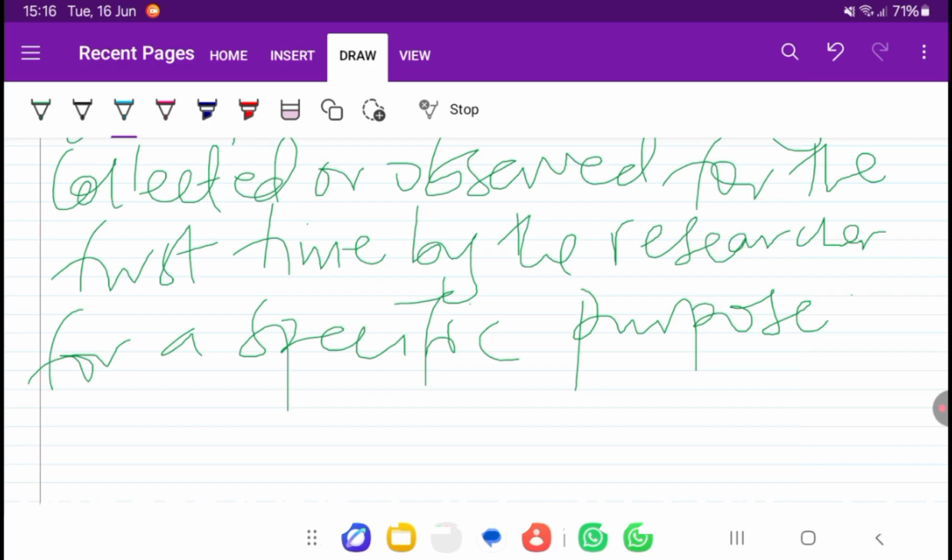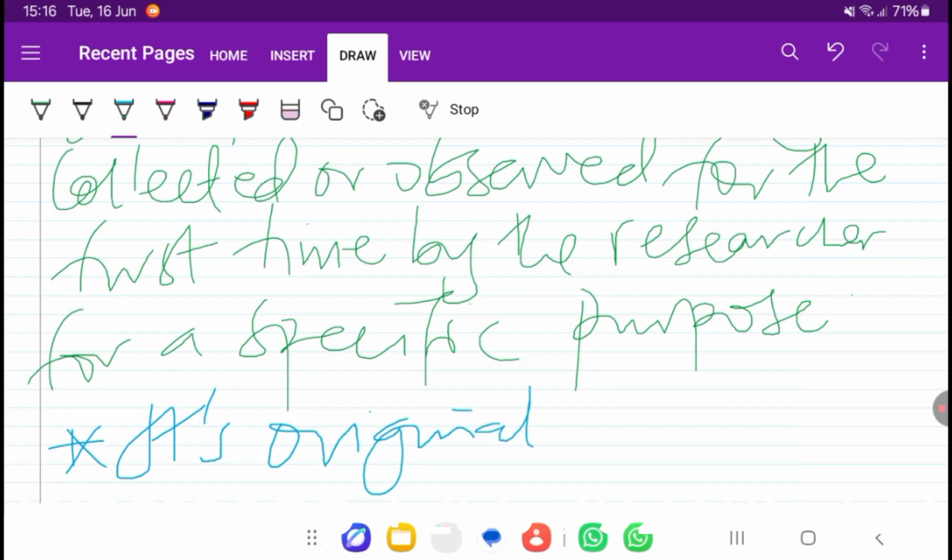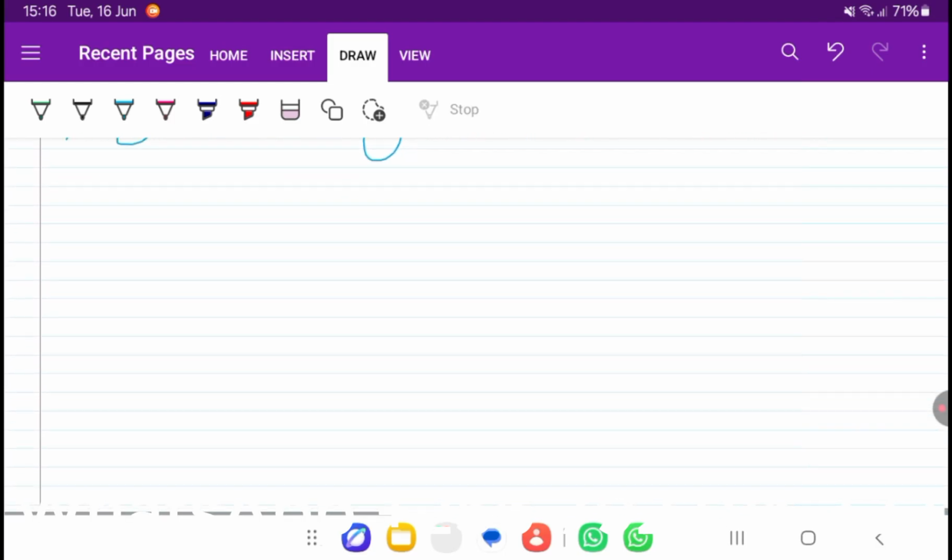And one key thing that you need to note is that it's original data. It's original in nature, because you are collecting this information for the first time, so it is original. It exists in its original nature or first form.